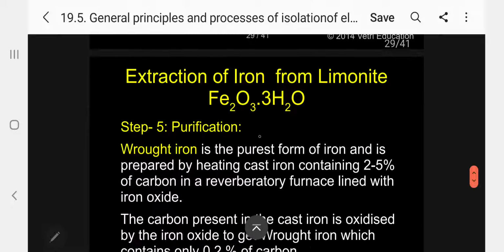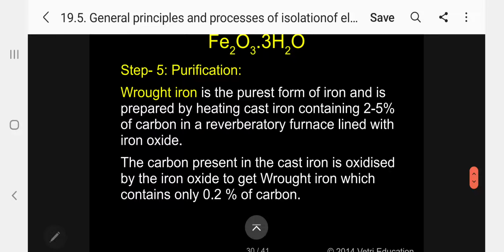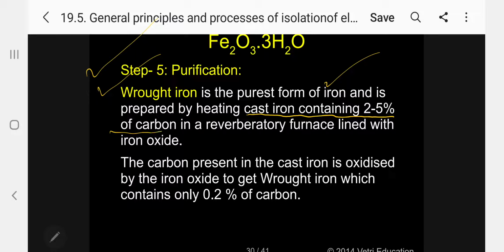Kindly follow. The next one, purification. Impure iron is converted into pure metal. The final form is wrought iron, which is the purest form of iron and is prepared by heating cast iron containing 2 to 5% of carbon in a reverberatory furnace lined with iron oxide. Kindly follow. This is carbon reduction.